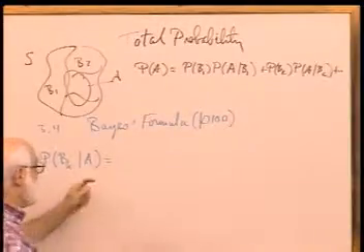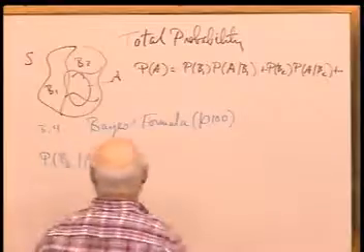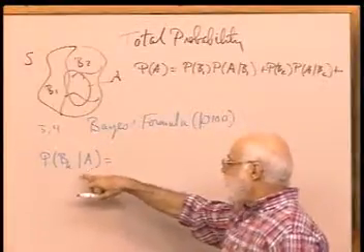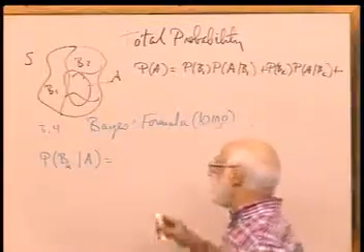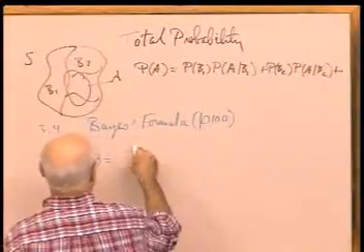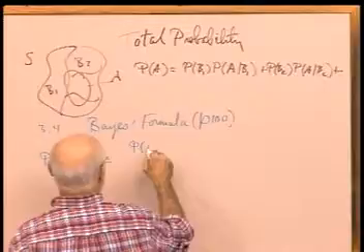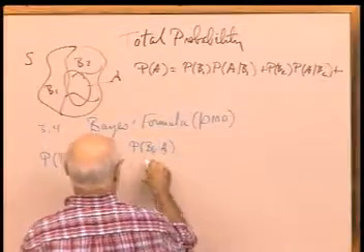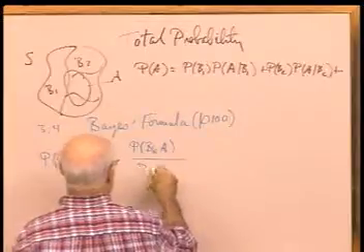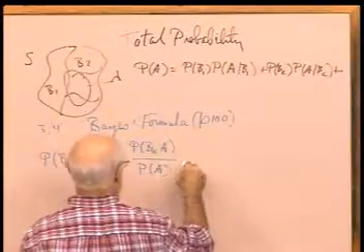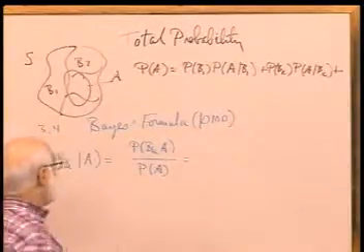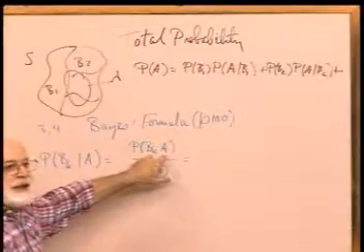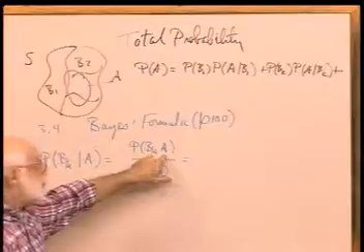Now, first of all, let me just prove it. It's easy to prove. What I'm going to do is use the definition of conditional probability here. The numerator is the probability of the intersection of B_k and A, and the denominator is the probability of A. Now, what's the probability of this intersection? Well, now I'm going to use the definition of conditional probability again to reverse things.